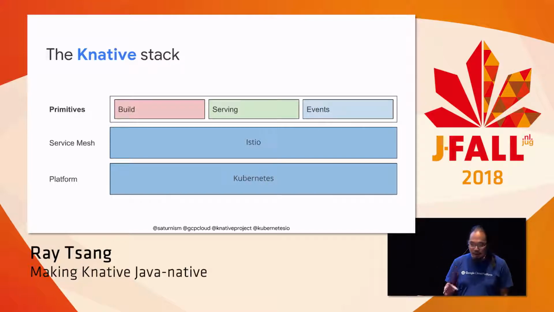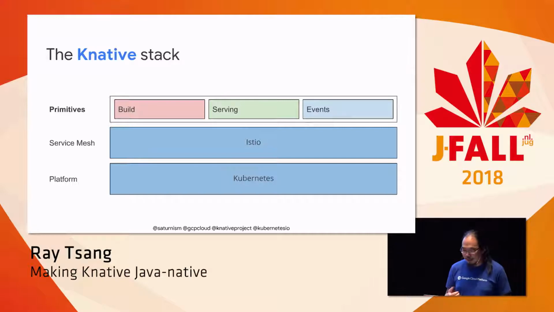And then Knative introduces a couple of primitives, a couple of custom resource definitions, that allow you to deal with how you deploy your application at the application level. How do you build it? If you want a simple CI/CD pipeline that knows how to turn source code into containers and run them, we have a build definition that you can use.